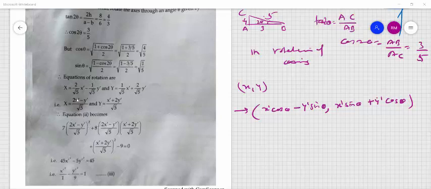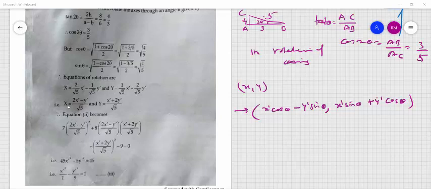So friends, we get, instead of here small x and small y, here capital X and capital Y. Now capital X is equal to this value and capital Y equal to this, because x dash cos theta is square root of 4, means 2 upon square root of 5, and sin theta, that is 1 upon square root 5.